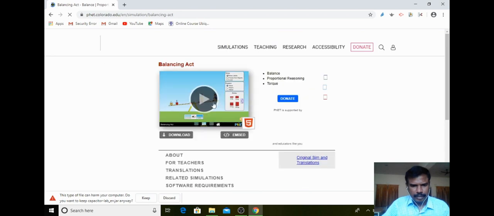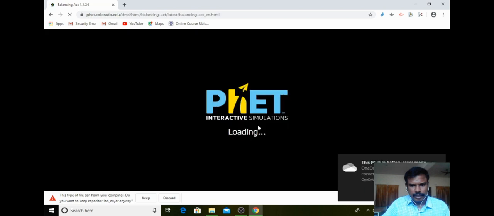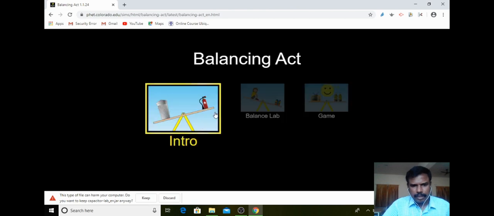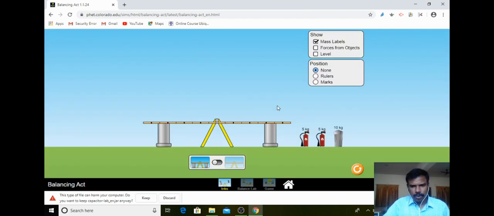Now you can use it. Now it is getting loaded. Once it is loaded, there are three options: one is intro, another one is balancing act, and another one is game. I am going to use the intro. Now you can see the simulation and what components are available.